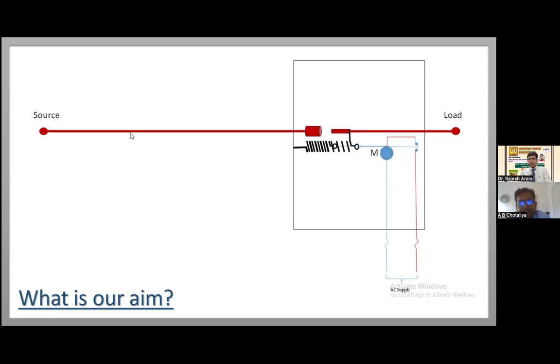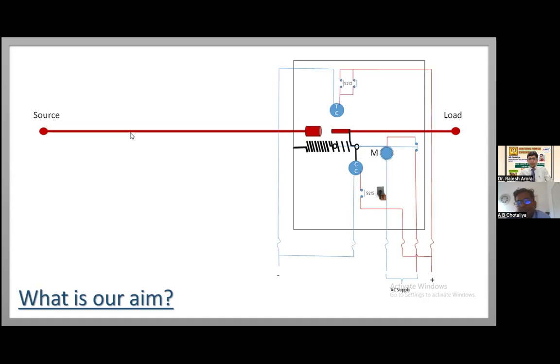So there is a motor which charges the spring, and the motor requires AC power. So one of the auxiliary supplies is AC for the breaker, and to operate this breaker we have one closing coil which is powered by DC power, and a tripping coil which is also powered by DC.